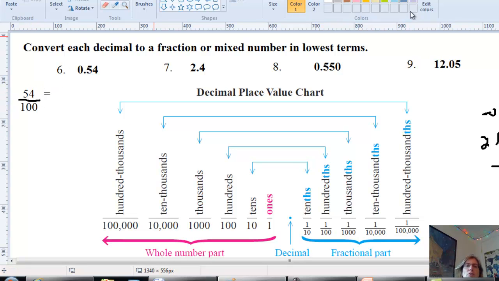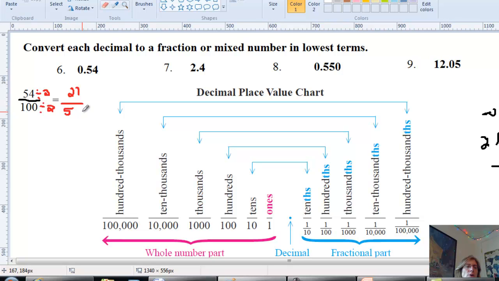Alright, and we can reduce this by dividing by 2. Both of these are even numbers, 54 and 100, so we can divide by 2. That would be 27 over 50.